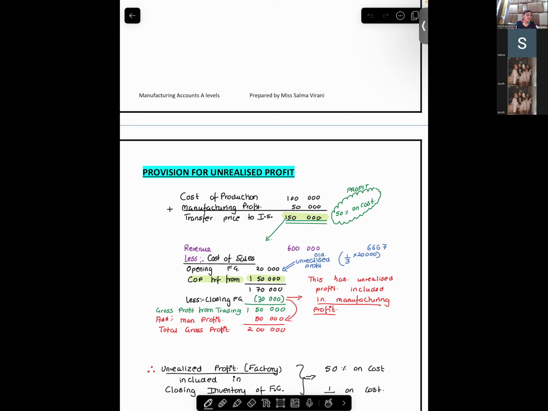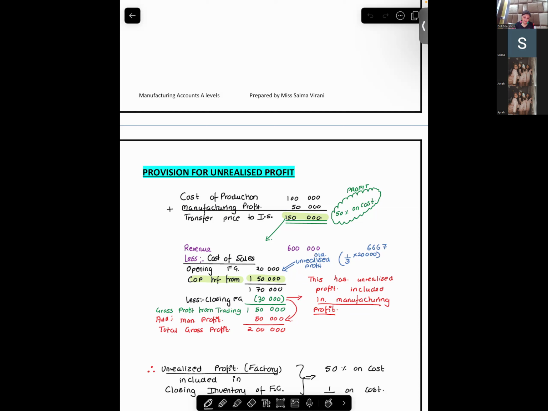But tell me, in this total gross profit, there is some place where the factory profit is included and it is not earned. Closing inventory of finished goods has the factory profit included and it is not yet earned. That is the unrealized profit.